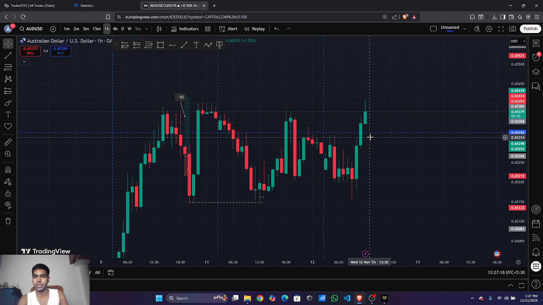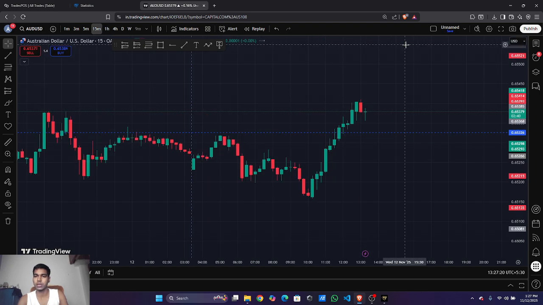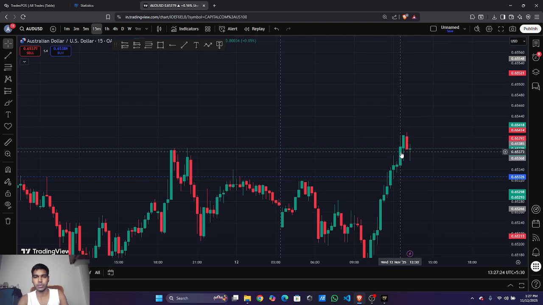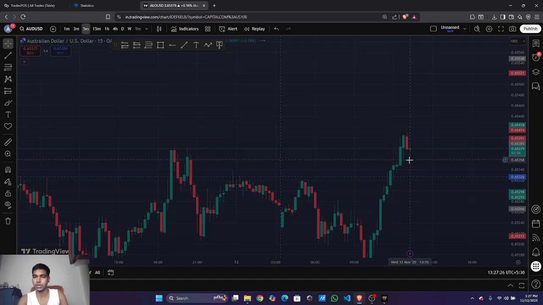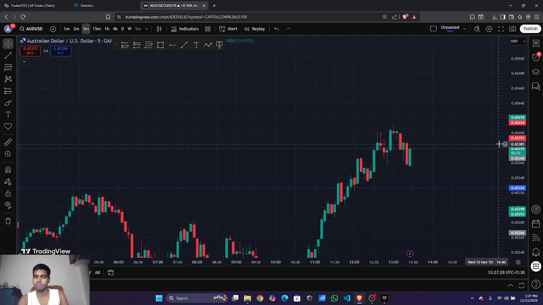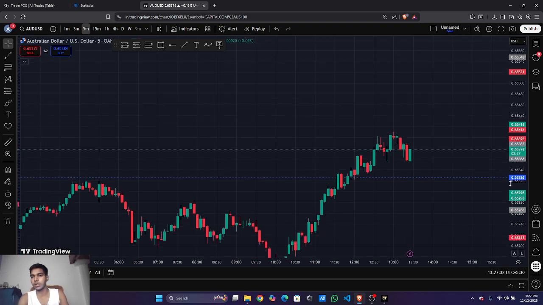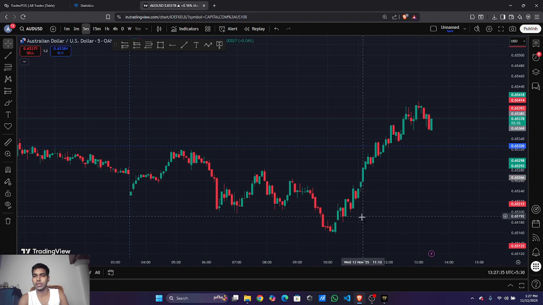It might retrace to this zone, then continue higher. So, okay, this is not bad. Breakout retest. This is not great. It might go up, but the problem is it has moved straight. It should retrace somewhere over here, then continue.